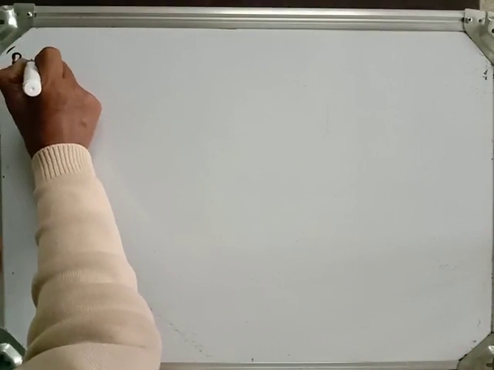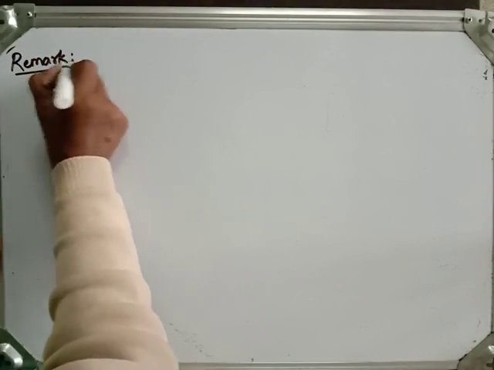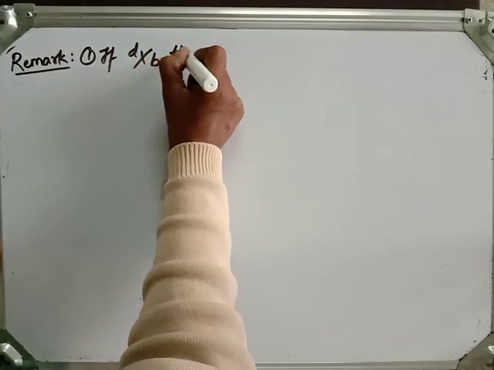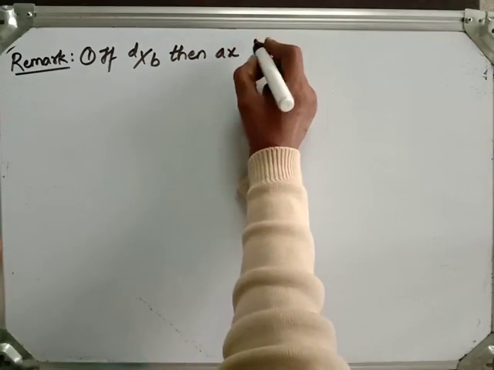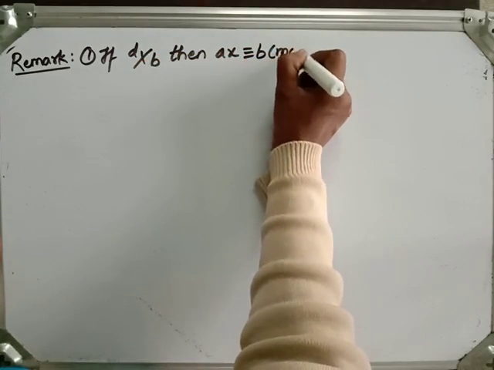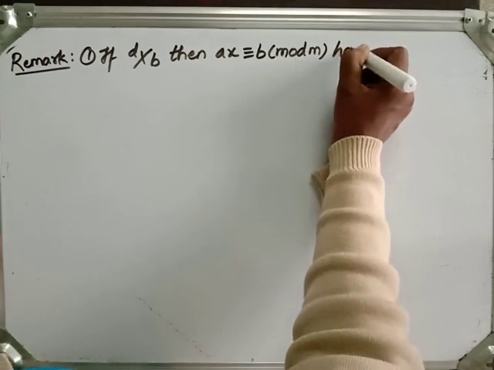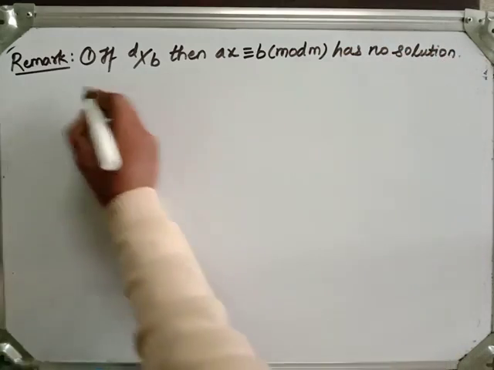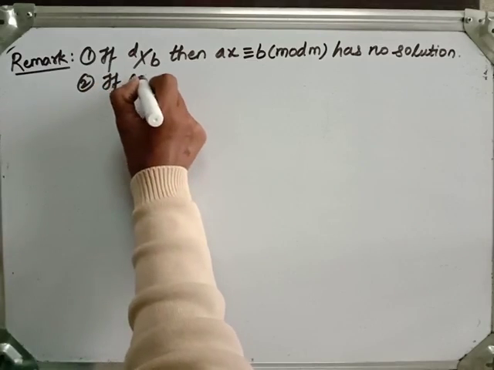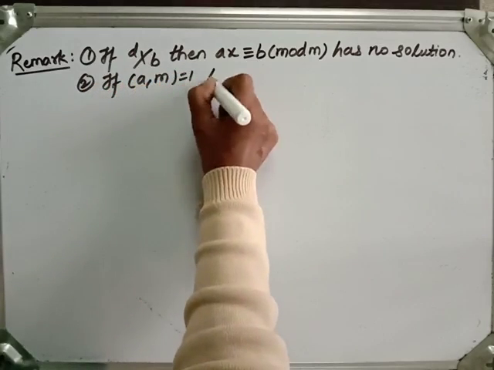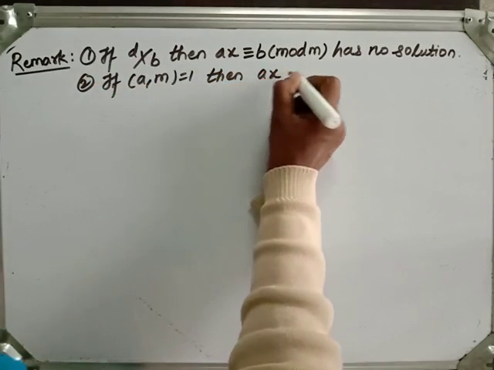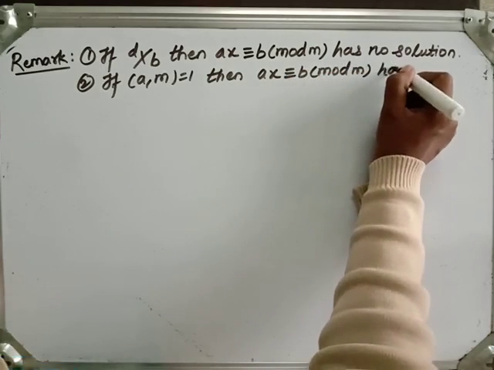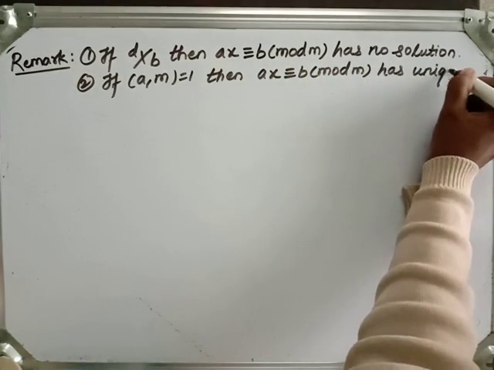Remark: if D doesn't divide B, then Ax congruent to B modulo M has no solution, and second, if A and M are relatively prime, then Ax congruent to B modulo M has a unique solution.